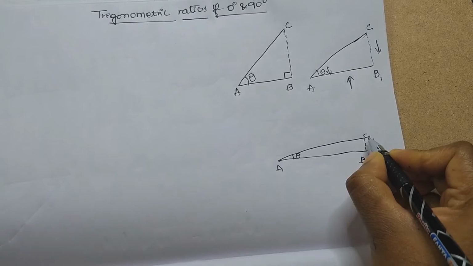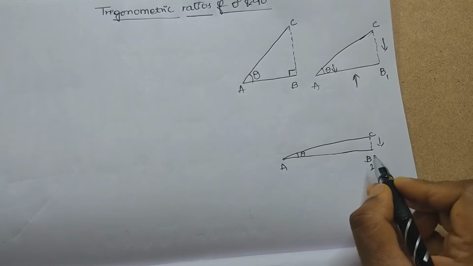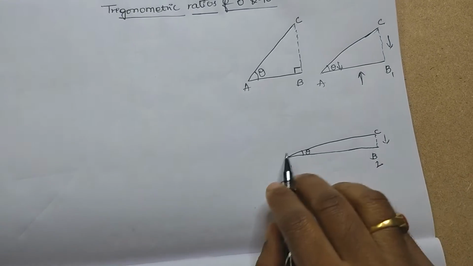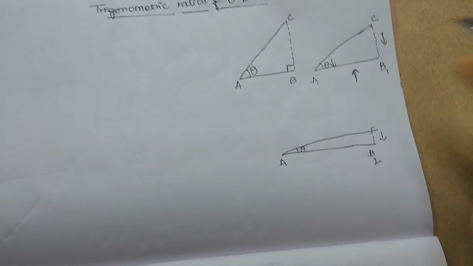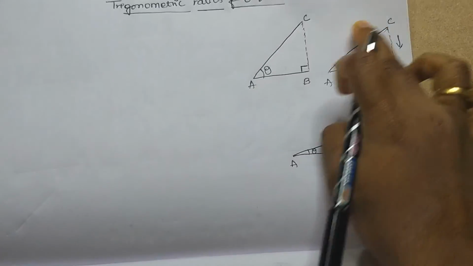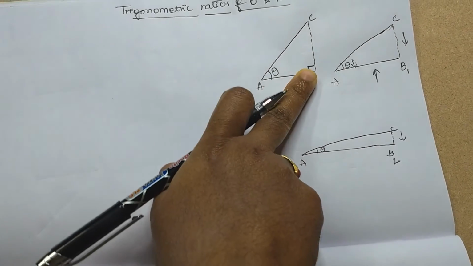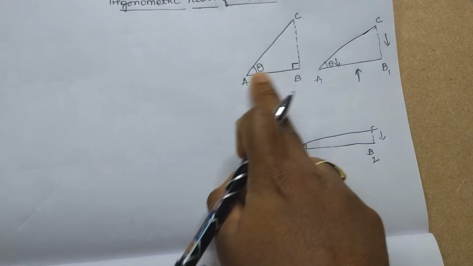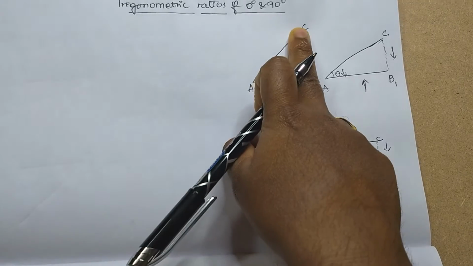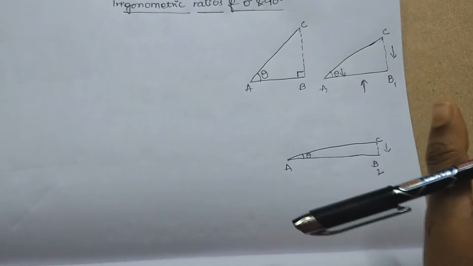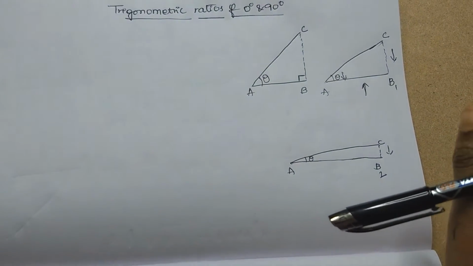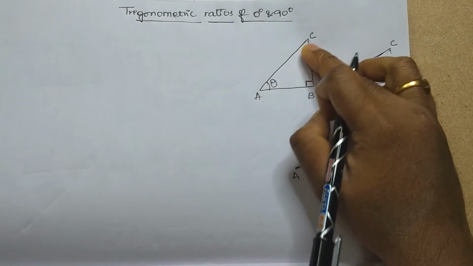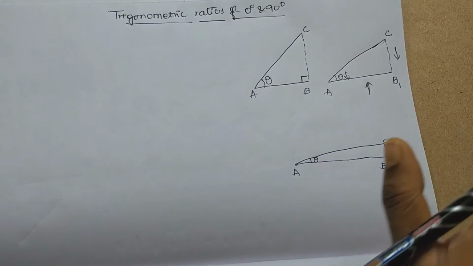See here, the ladder will be same, but the distance of the base on the ground level and the height of the wall, BC, when compared to the original figure, BC is changed and AB is changed. But when you consider AC as a ladder, the length of the ladder will remain same.